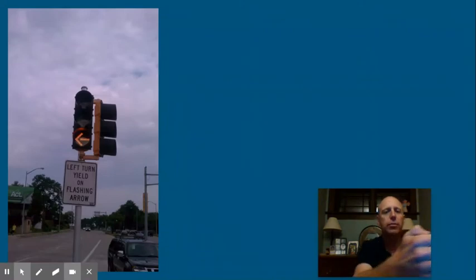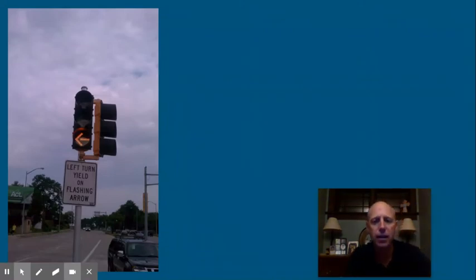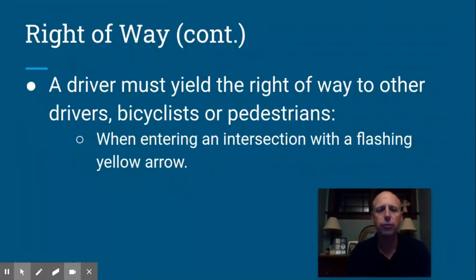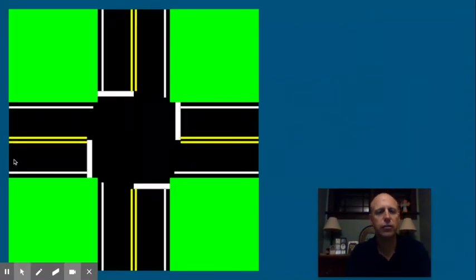But if you're going to be turning left at that intersection, sometimes they'll have one of these signs with a flashing left turn arrow. So what does it mean? Well, anytime we're turning left at an intersection, we have to yield to the traffic that's coming straight towards us.